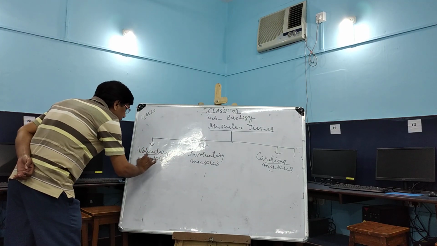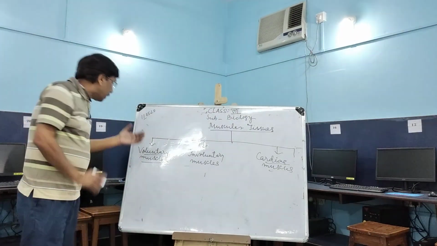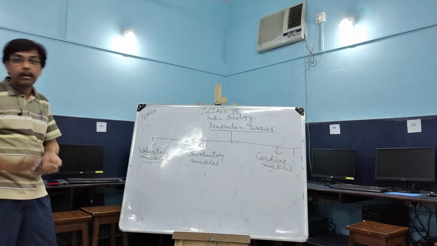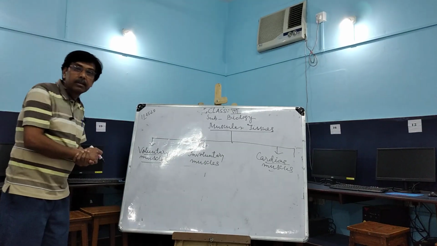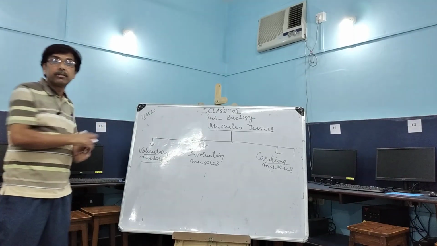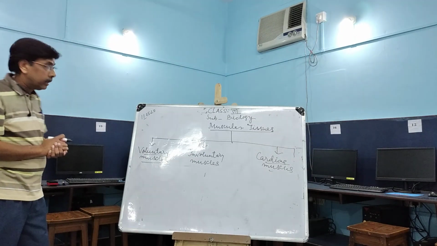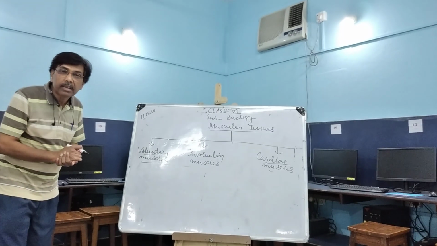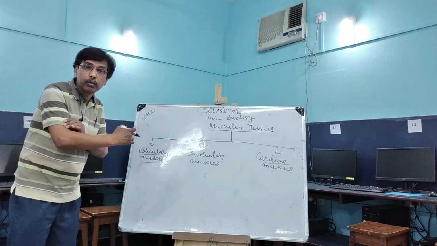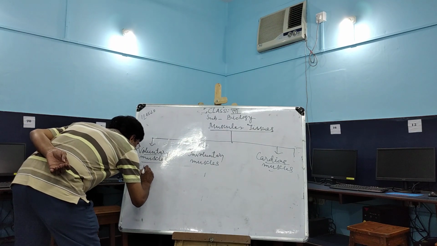Voluntary muscles, why are they called voluntary muscles? Because these muscles are under our control or will. They are found in our hands and legs, which are under our control. That's why they are called voluntary muscles. They are attached to the bones, and that's why they are also called skeletal muscles.